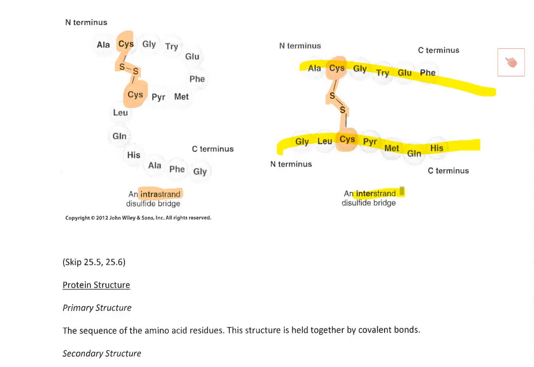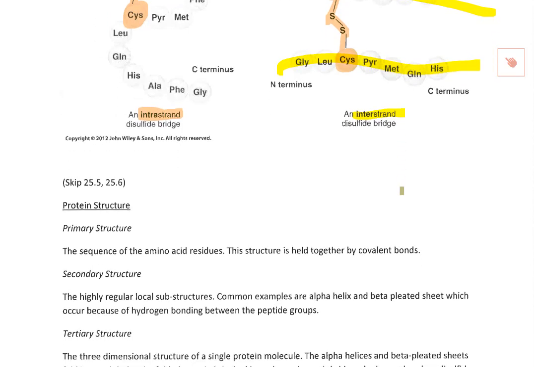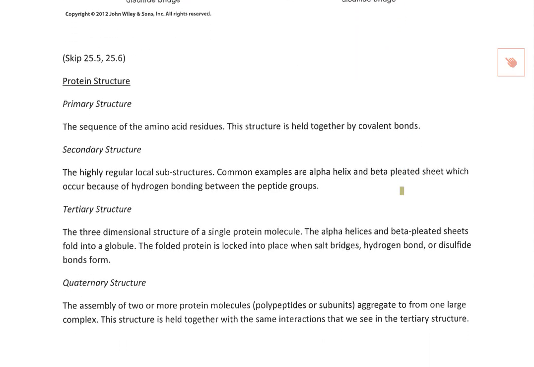And so those types of things are going to also lead to some tertiary structure. So let's look at protein structure a little bit more thoroughly. When I say more thoroughly, you're probably going to open up a book and look at the pictures associated with these because I think that'll be most helpful.